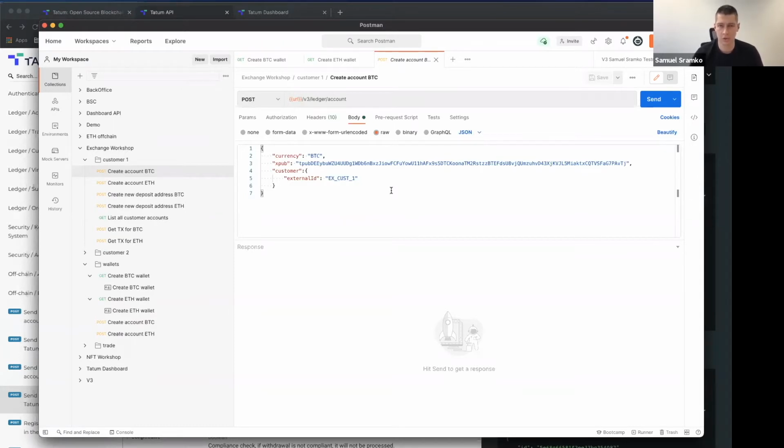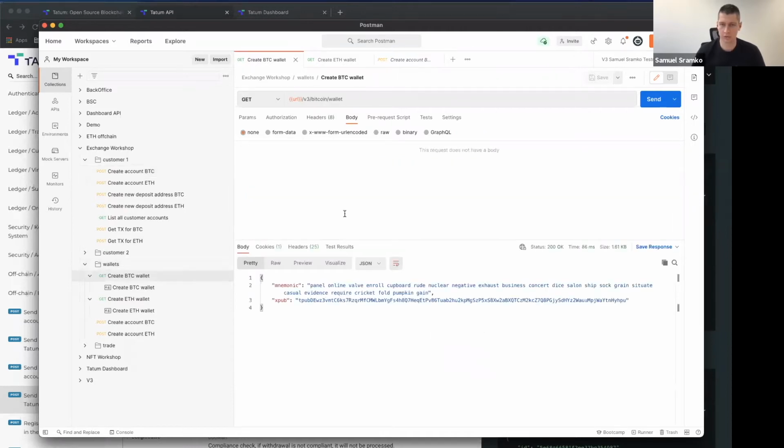You can imagine it as an account in a bank or any other account. So right now we are generating an account inside Tatum. The account is of Bitcoin currency, and we use XPUB, which is the extended public key, from the wallet we have generated for Bitcoin. Because a Bitcoin wallet gives us two fields. It gives us a mnemonic, which is the super secure private key generator, and it gives us XPUB, the extended public key, and you can imagine it as a read-only generator of addresses.